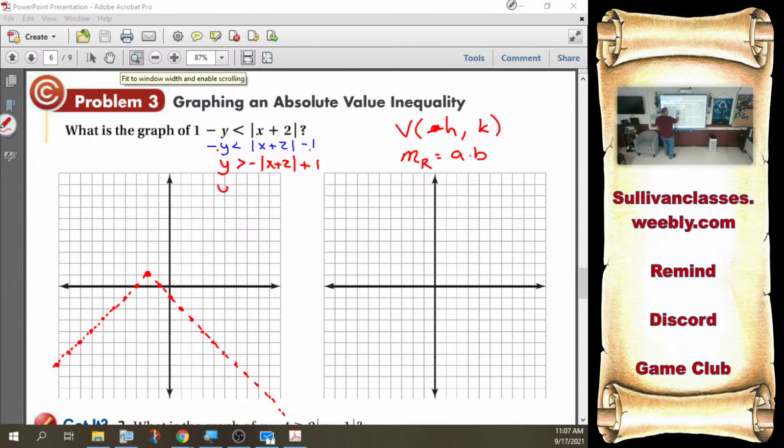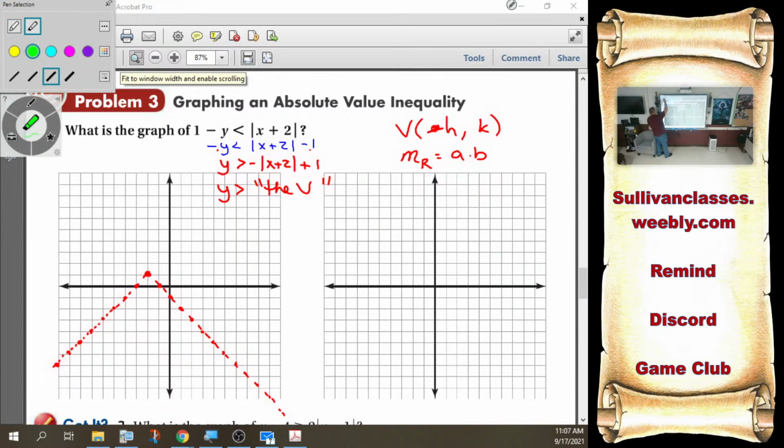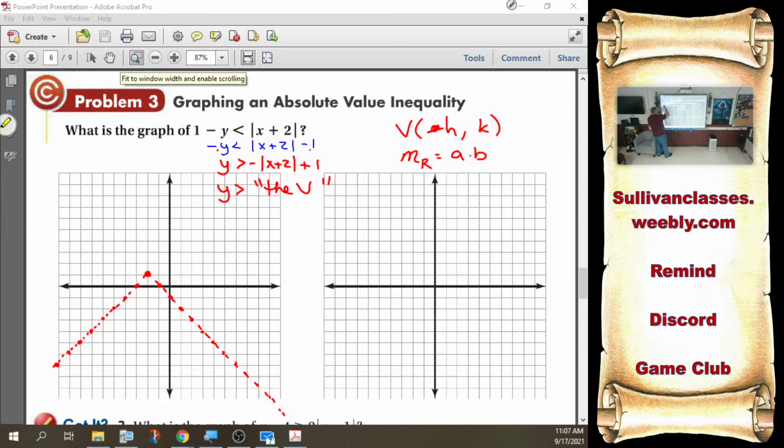This says y is greater than the v. So it's on the outside because I go to the v and I shade outside greater than the v. So everything out here. But color it better than that.